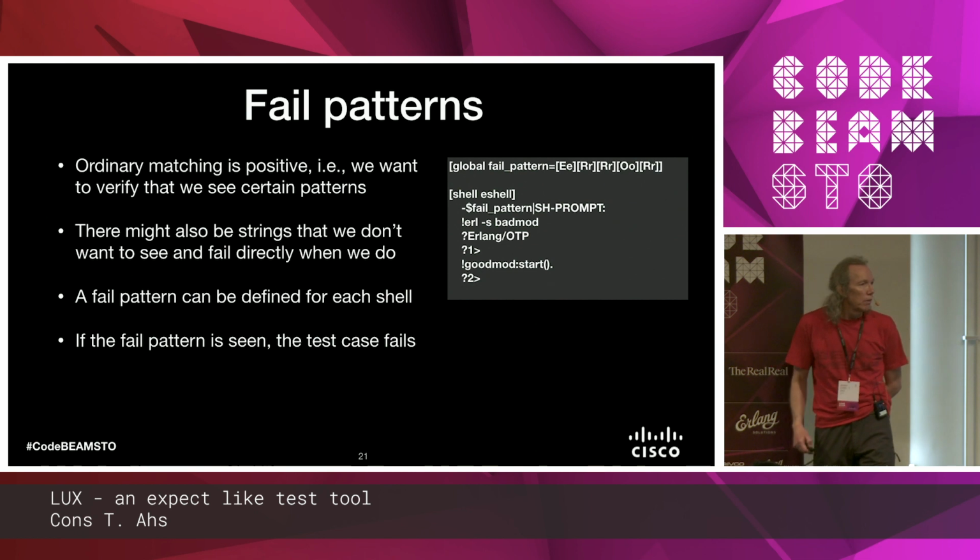A failure pattern is local for a shell, and this is how you write one. Here we define a variable holding a regular expression saying if it produces error. And our failure pattern is if we either see error or the shell prompt.